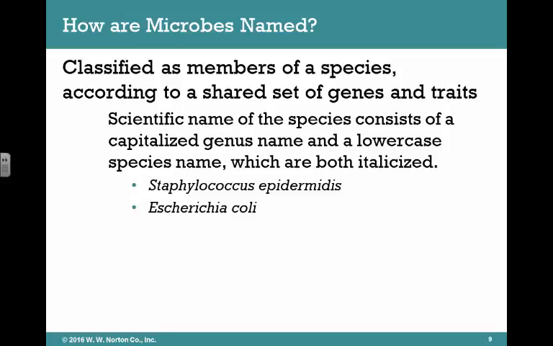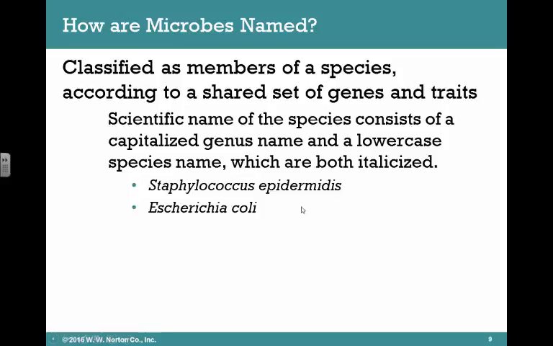That follows Linnaeus's binomial nomenclature, where the first name is the genus name, and the second name is the species epithet, or the species name, a specific name for a subset of organisms within this genus.